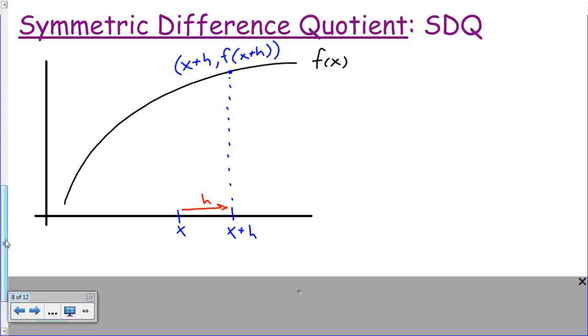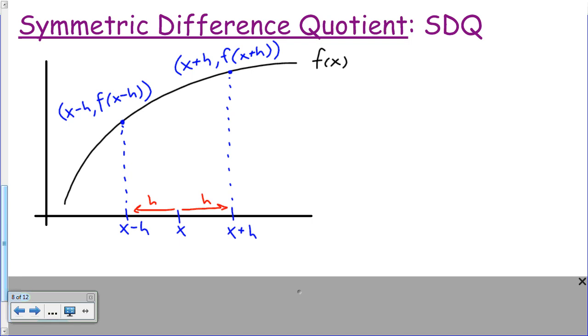And I'm also going to move backward from that point the same distance h. So this point right here, I guess to make it symmetric, it should be about right here, will be about x minus h. And so that corresponds to this point right here, which we'll call x minus h, f of x minus h. And again, the symmetric difference quotient is just finding slopes.